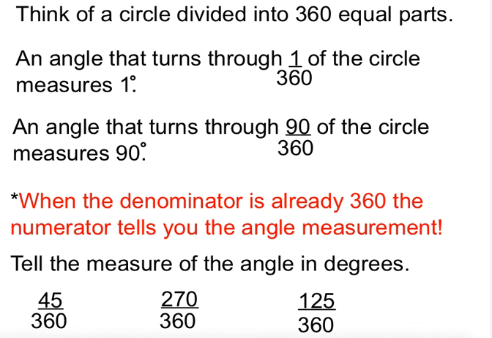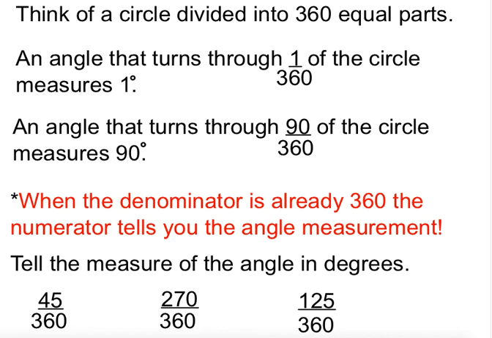An angle that turns through 1 out of 360 of the circle measures 1 degree. An angle that turns through 90 out of 360 of the circle measures 90 degrees. So I'm seeing a little pattern here, okay?